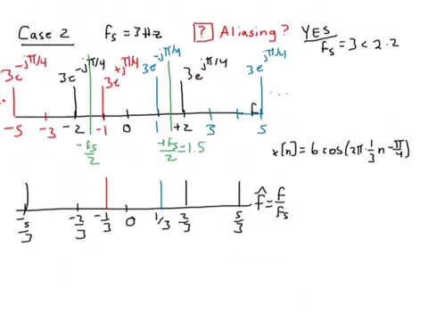Now we're asked, what is the spectrum of the reconstructed signal? For the spectrum of the reconstructed signal, we just pick out whatever copy lies between minus fs over 2 and plus fs over 2. When we do that, here's what we get. We're picking that out.